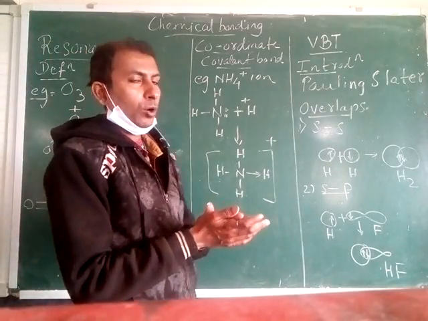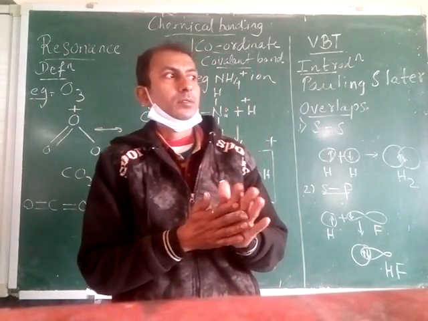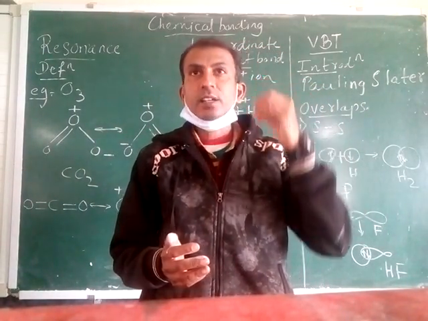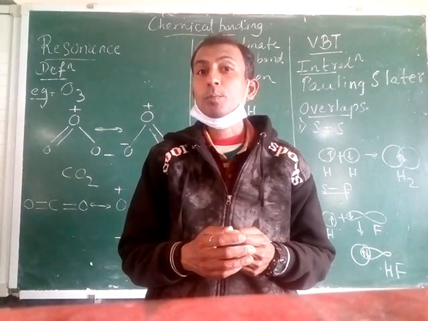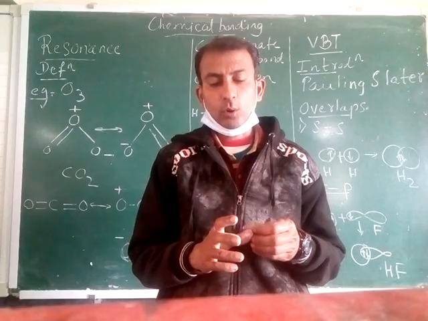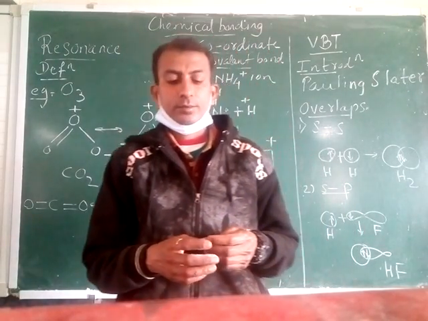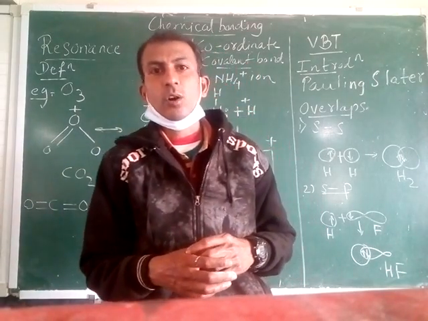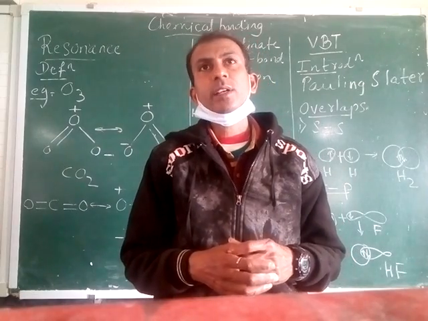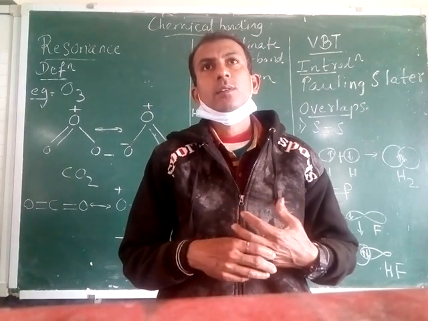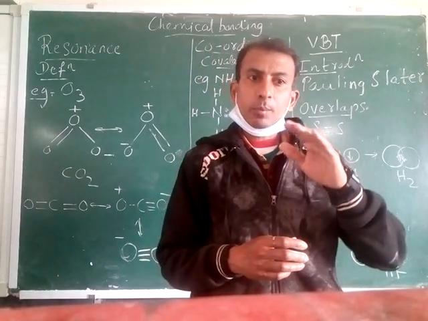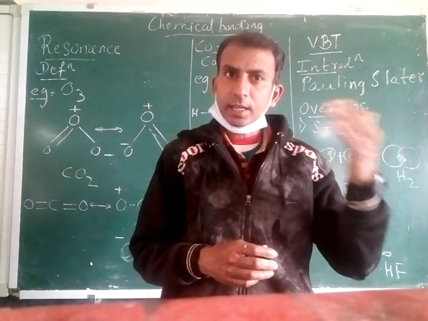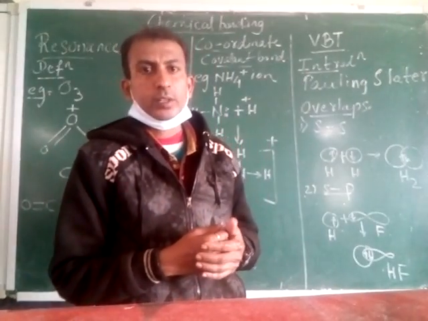So in a coordinate covalent bond, we have a molecule in which the central atom is carrying one or more lone pairs, and these lone pairs can be donated to any ion or atom which does not have electrons for bond formation. So there will be a complete transfer of a lone pair from one atom to another atom, and then a coordinate covalent bond is formed.